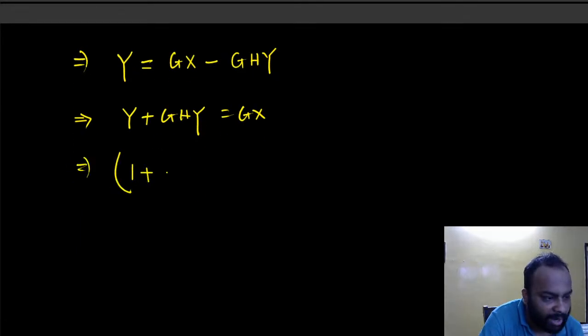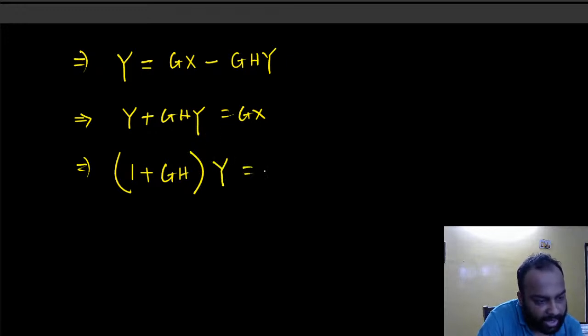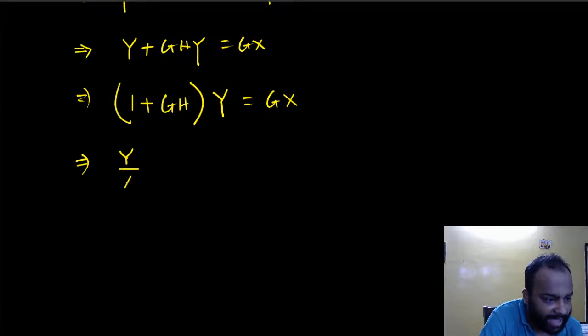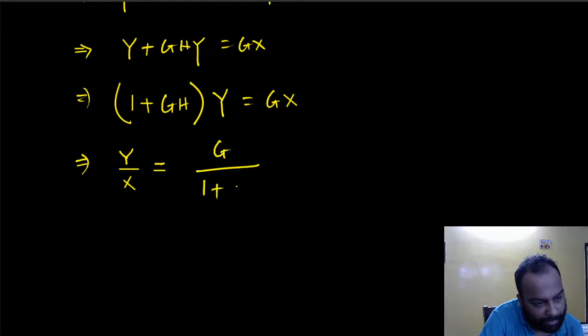So I would have 1 plus gh, and then y, and that would be gx. Now I can pull x down in the denominator of y, and I can pull this term down in the denominator of g. So I can have y by x equal to g by 1 plus gh.